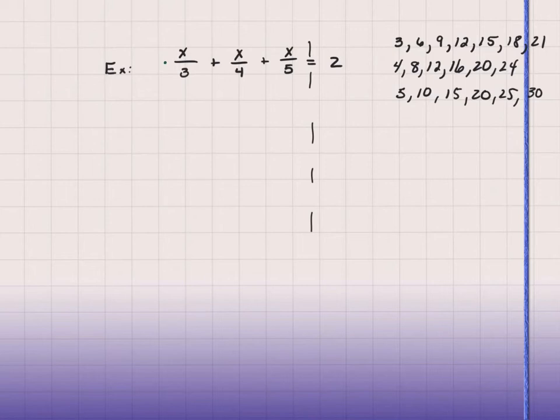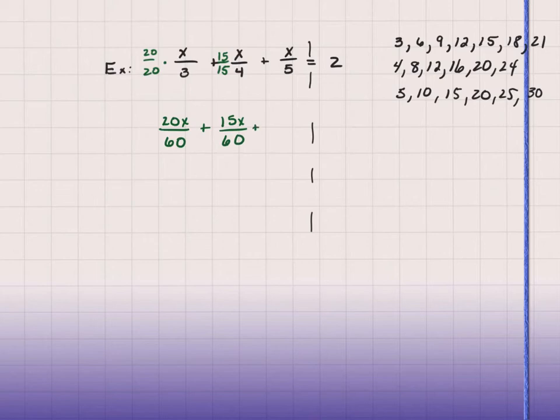So I'm going to just take this first fraction times 20 over 20, because that gives me 20 x's over 60, which is still 1/3. I'm going to take x over 4 times 15 over 15. That gives me 15x over 60.